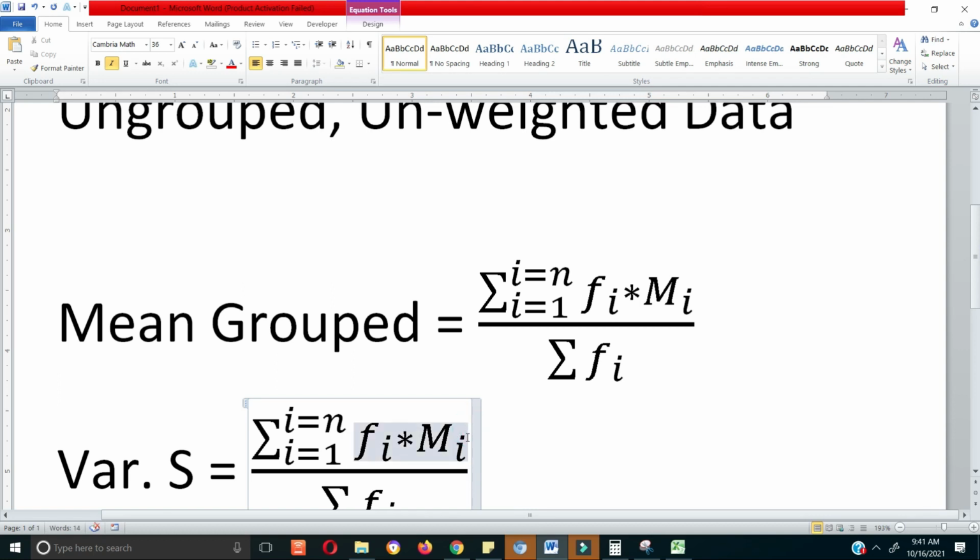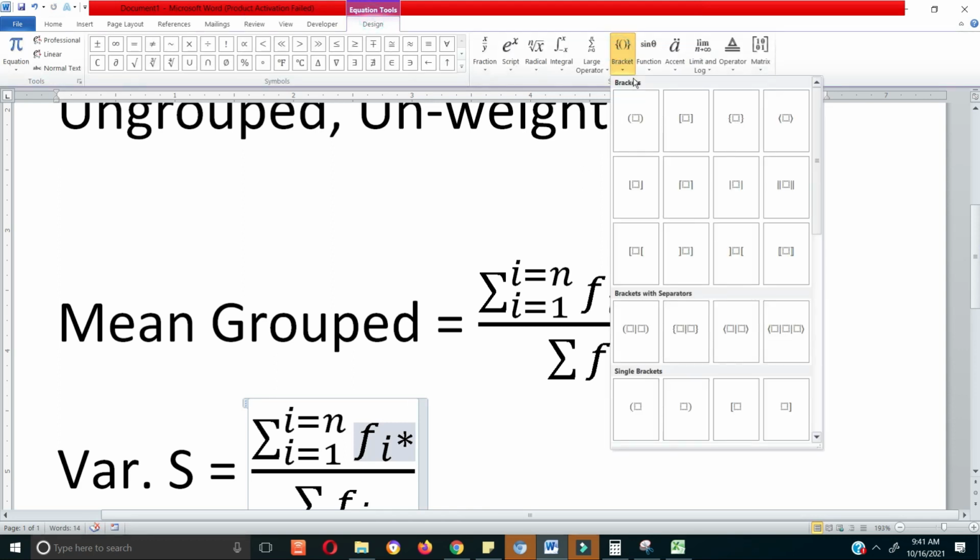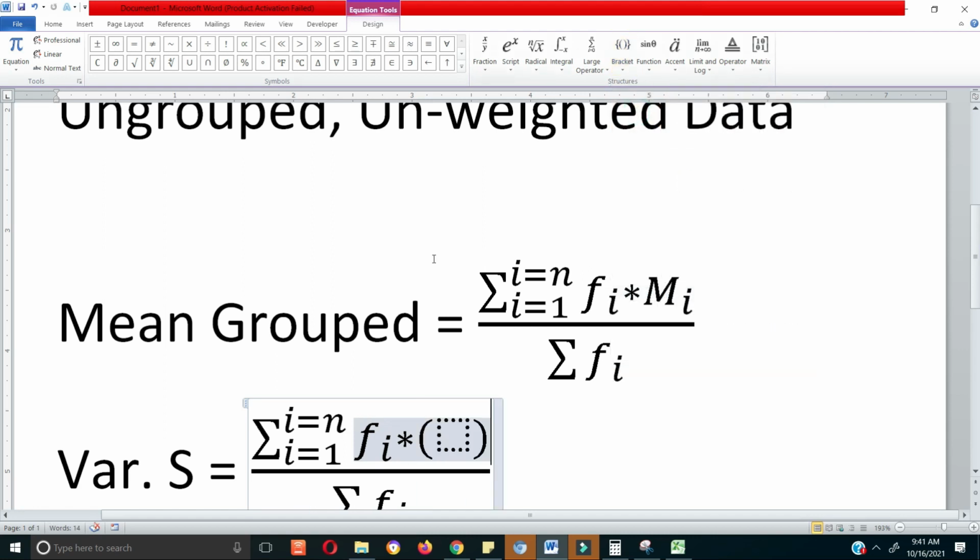You get these midpoints minus x bar, and we need to square them.